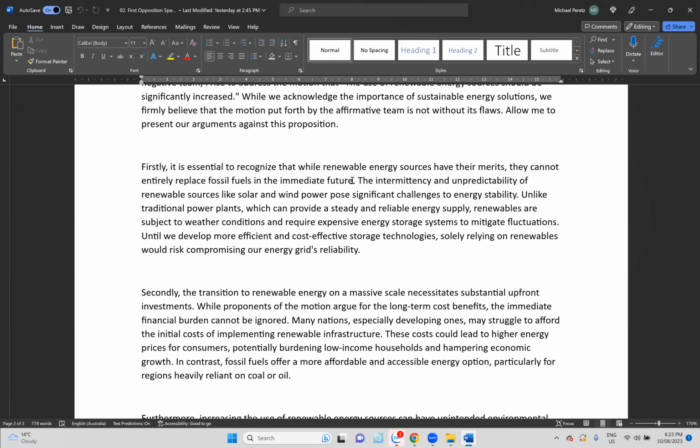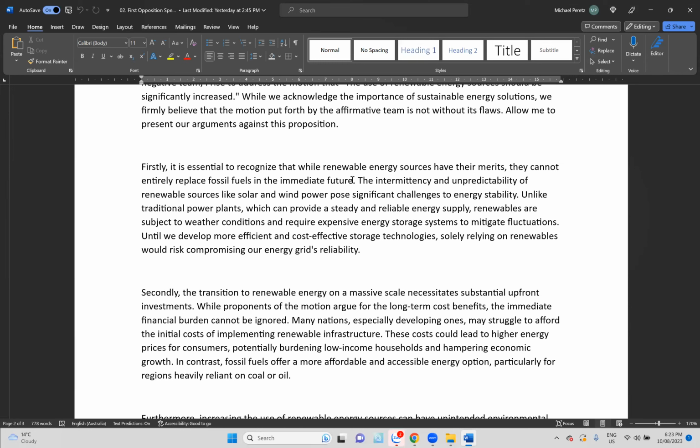So they're saying that the technology is not all there yet, and it can be unpredictable. So it might cut out, it might cause blackouts, could be problems with the electrical system. And that's going to make our energy supply very unstable. We can't rely on it.